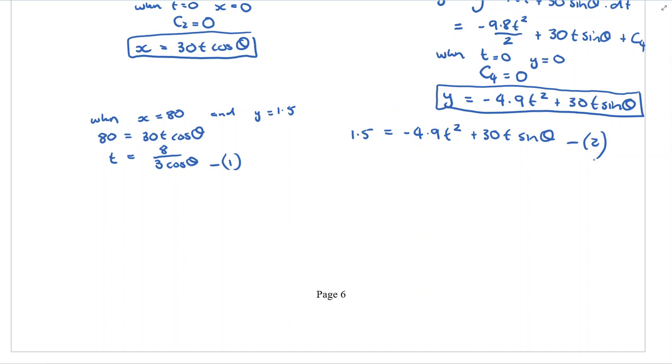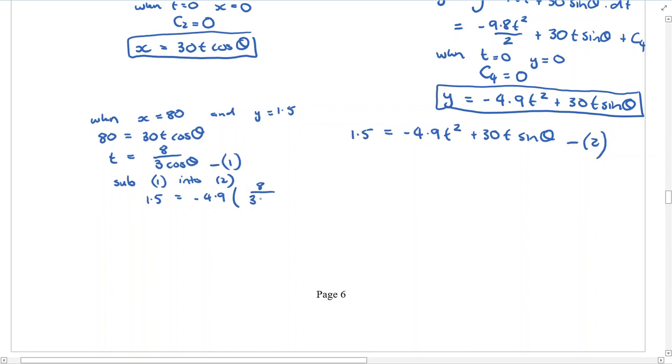So that will give me 1.5 equals negative 4.9 times (8 over 3 cos theta) squared plus 30 times (8 over 3 cos theta) sine theta.